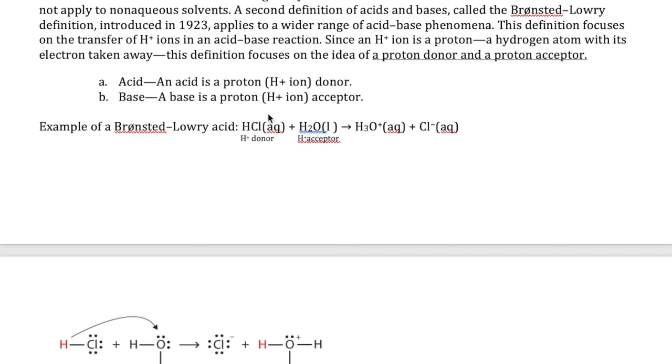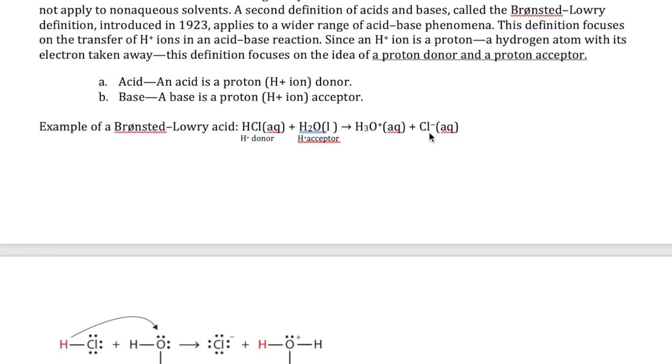When HCl gives away its H plus, what's left is Cl, but the plus is also taken away, so what's left is Cl minus. The water accepts that H plus, so one more H makes it H3O, and because there's a plus, it becomes H3O plus.